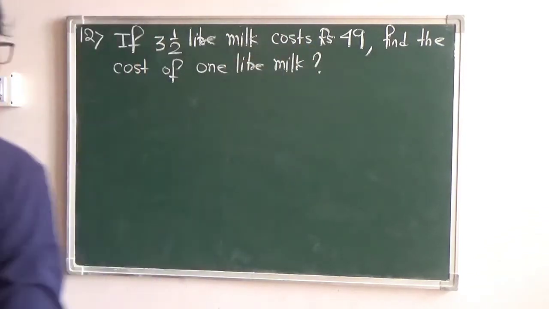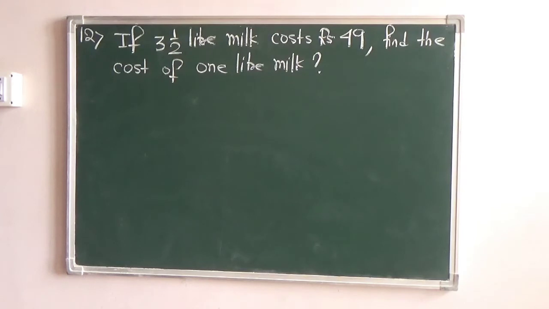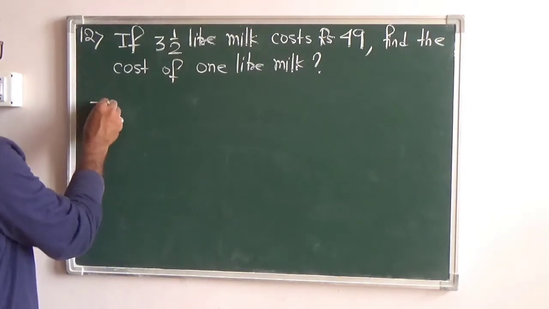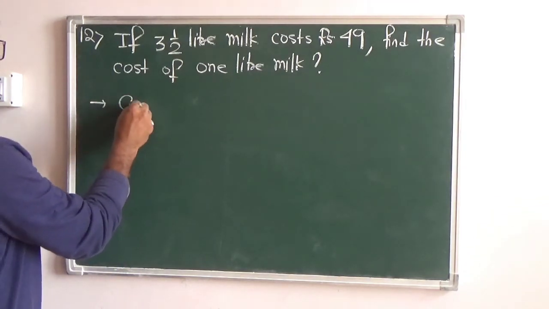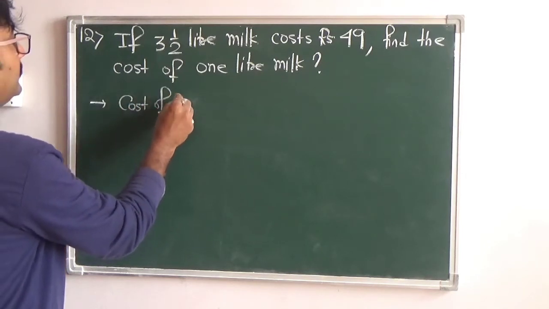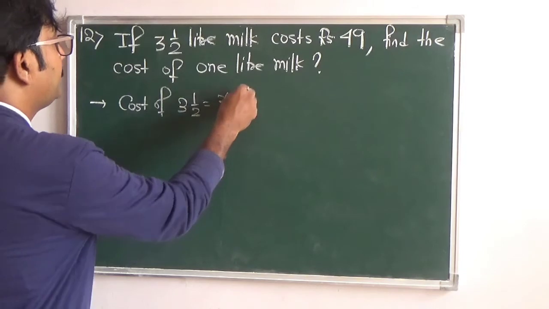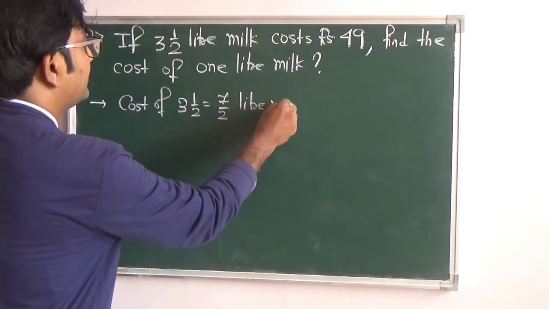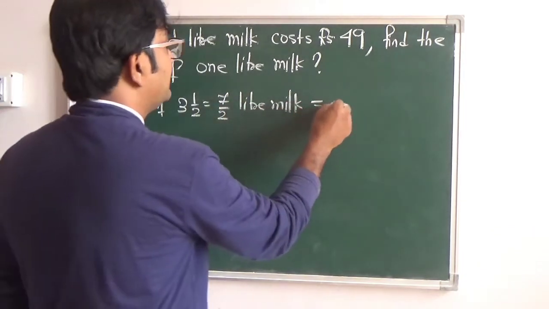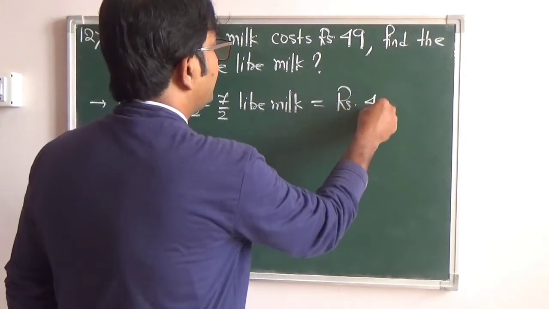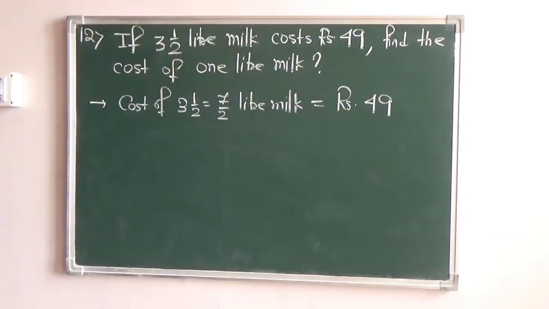So if 3.5 liter milk costs rupees 49, the cost of 3.5, that is equal to 7/2 liter milk, is equal to rupees 49. Then what is the cost of 1 liter?